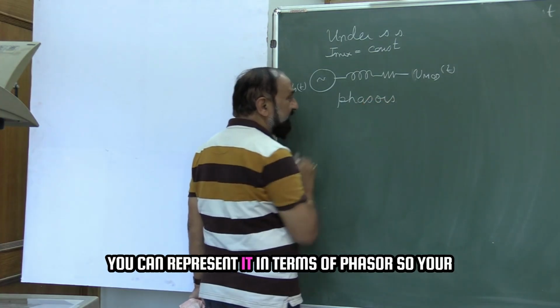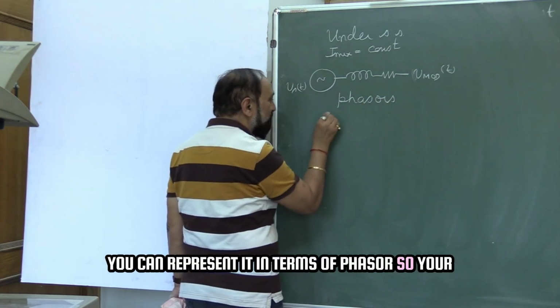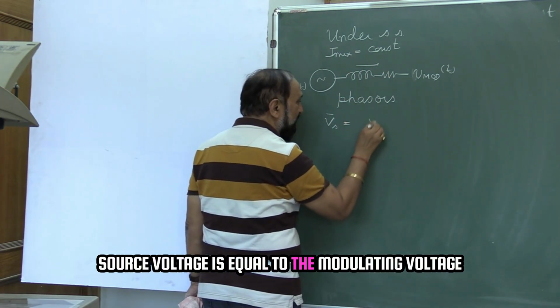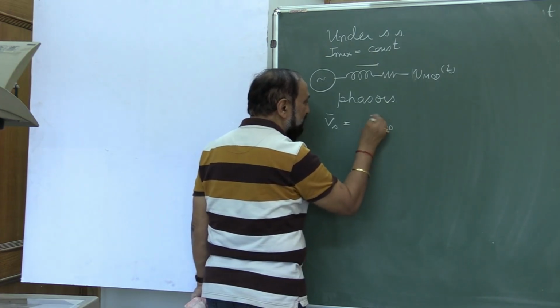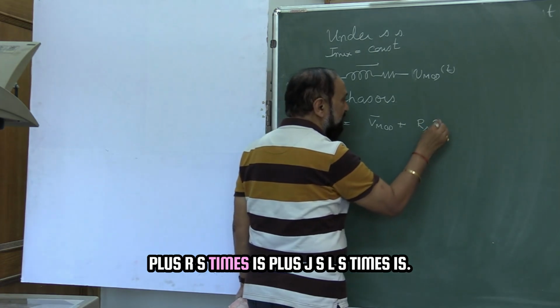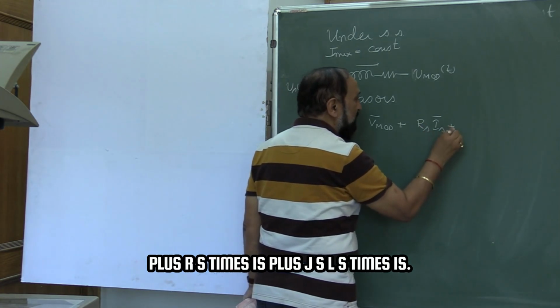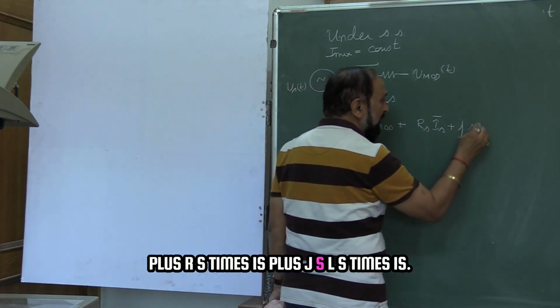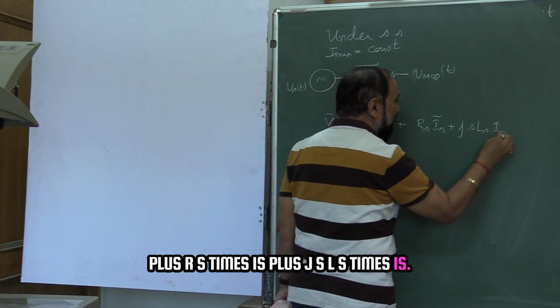So your source voltage is equal to the modulating voltage plus Rs times Is plus j Ls times Is.